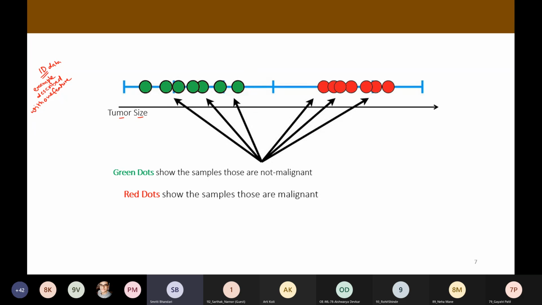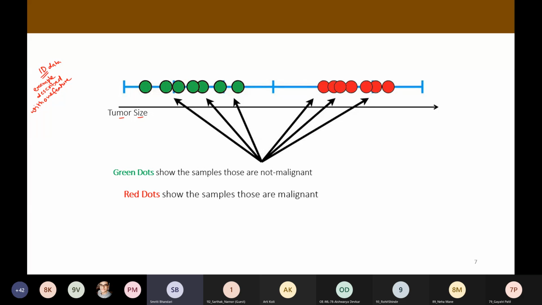If you look at these samples, what we observe is that the non-malignant samples have comparatively smaller tumor size than the malignant samples. Malignant samples are comparatively larger.